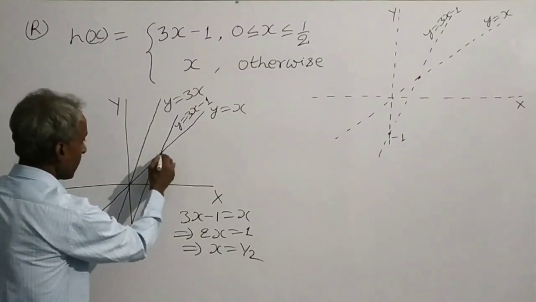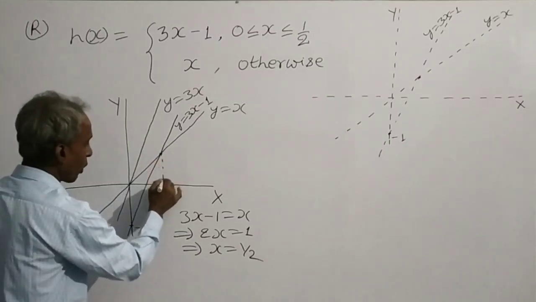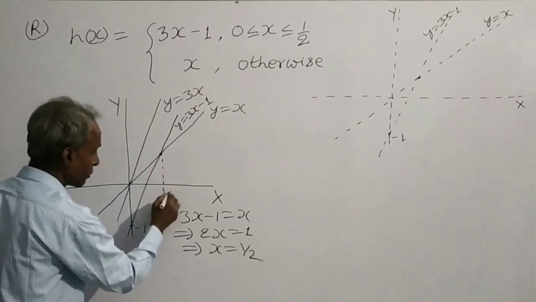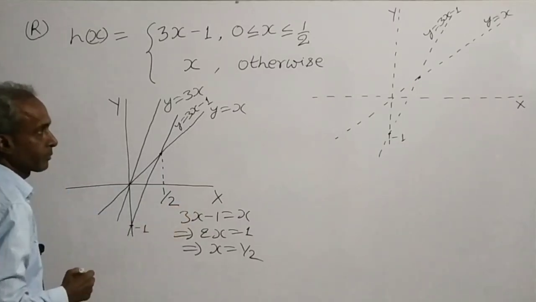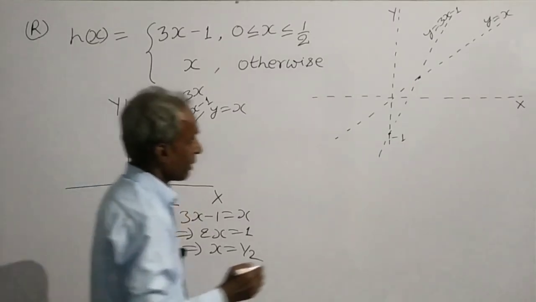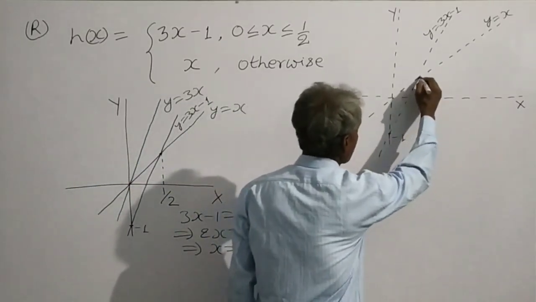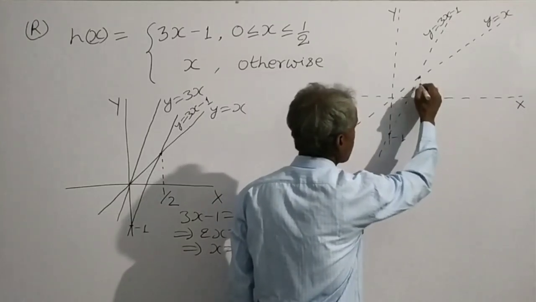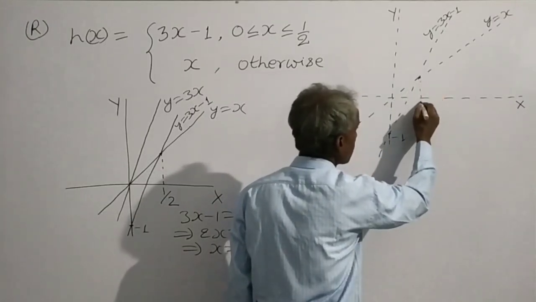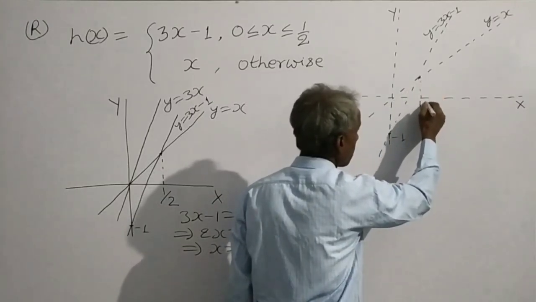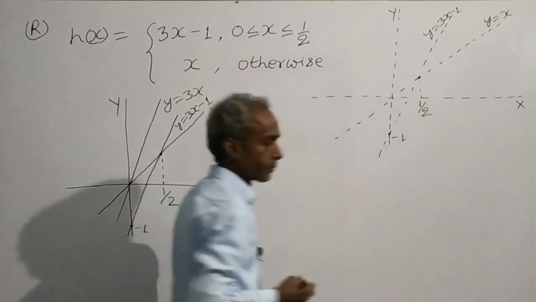That means the x coordinate of this point of intersection is 1/2.